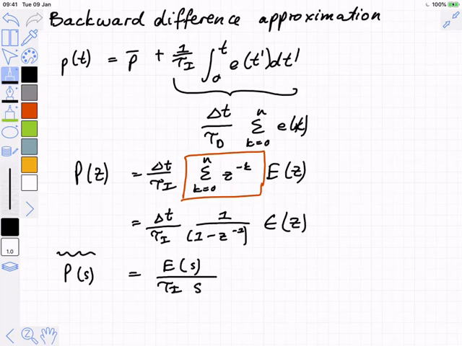In other words, if we compare terms here, to make this easy, I'm going to write this as something similar over here.